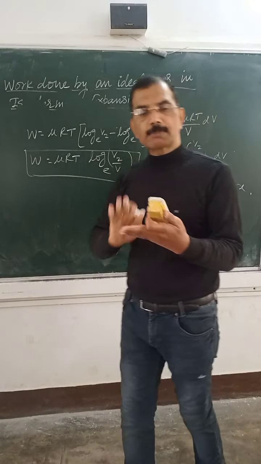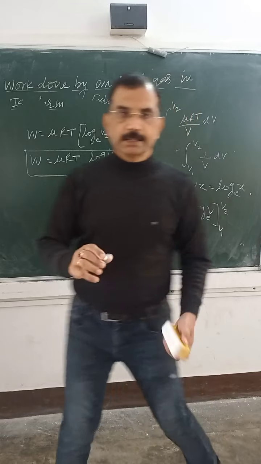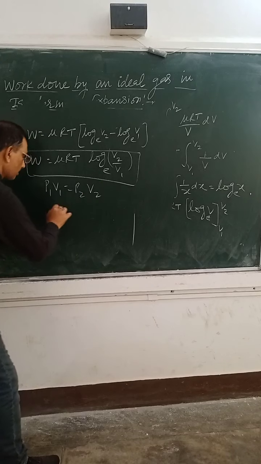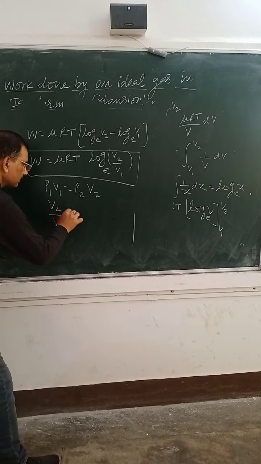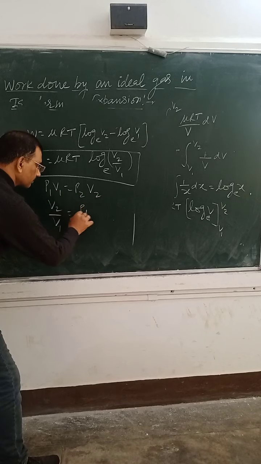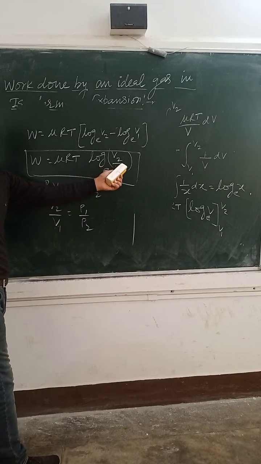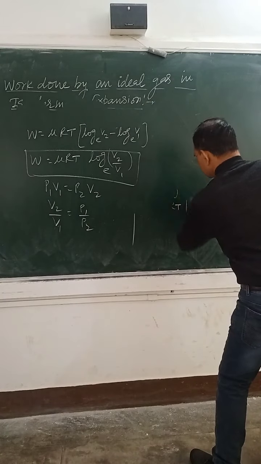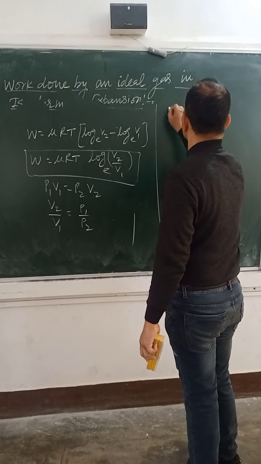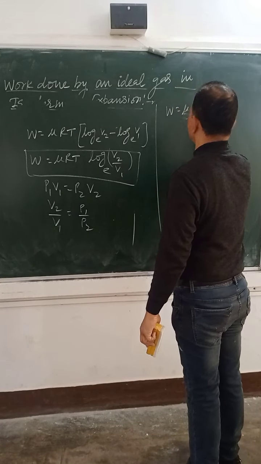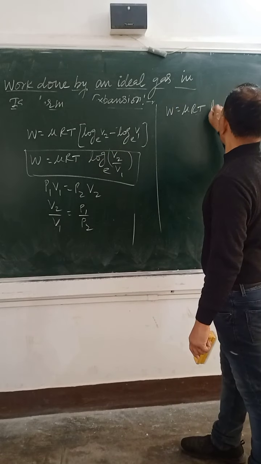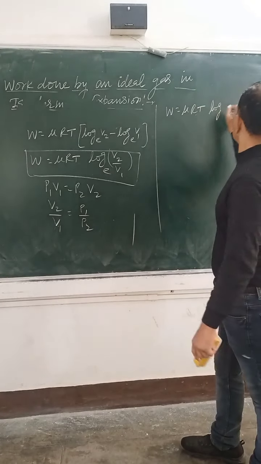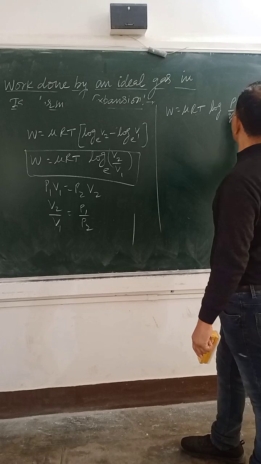But you know, an isothermal process obeys Boyle's law, and according to Boyle's law, P1 V1 is equal to P2 V2. So from here, V2 upon V1 is equal to P1 upon P2. So the same relation you can also write in terms of the pressure: W is equal to mu RT log p1 by p2.